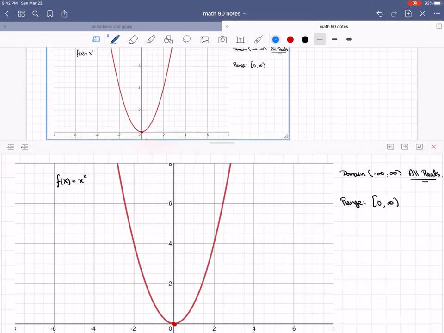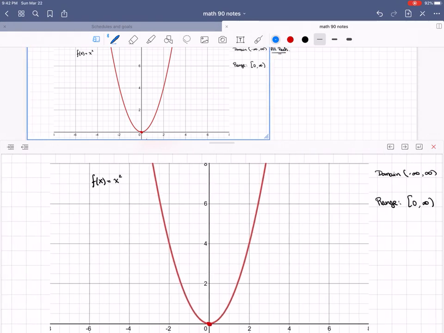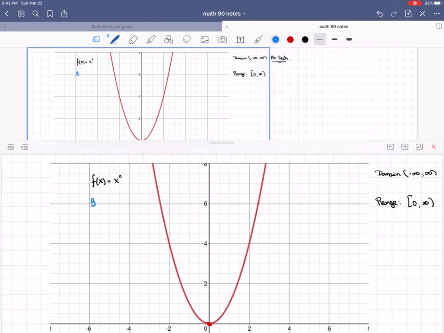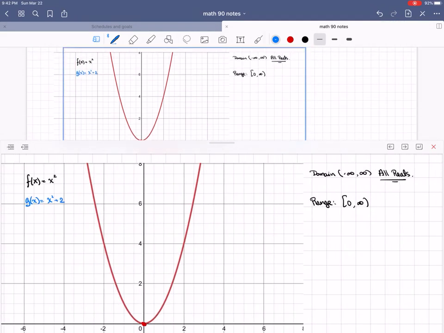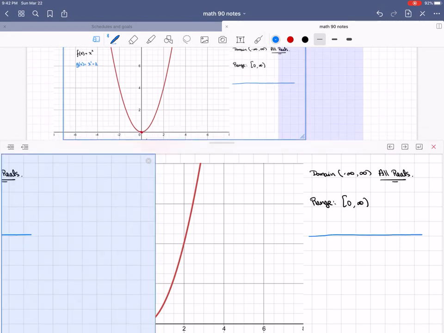Now what I'm going to do is introduce a new function. I'm going to write it underneath here. g of x is equal to x squared plus 2. So let's see. The way that we're going to do this is we're going to draw the graph, and we're not going to do this every single time, but you'll notice we do it a bunch.